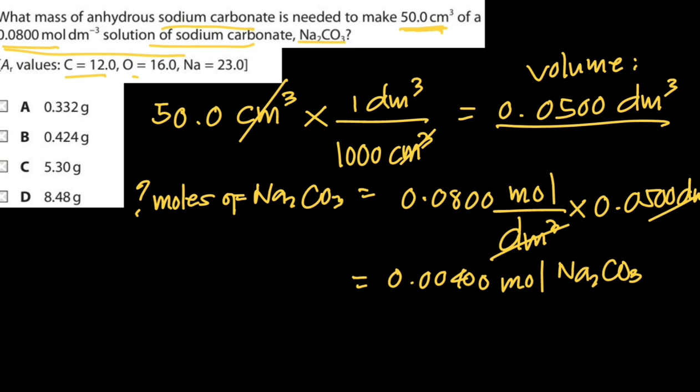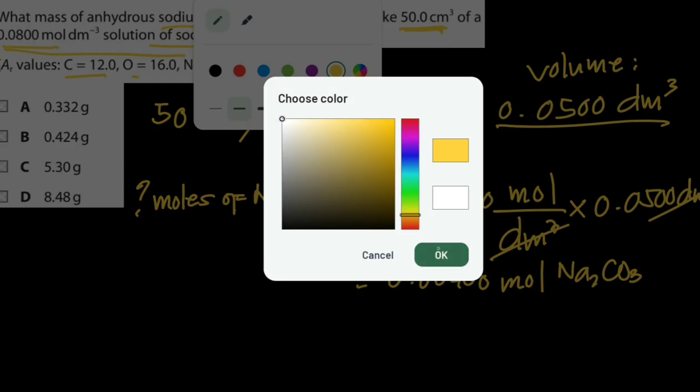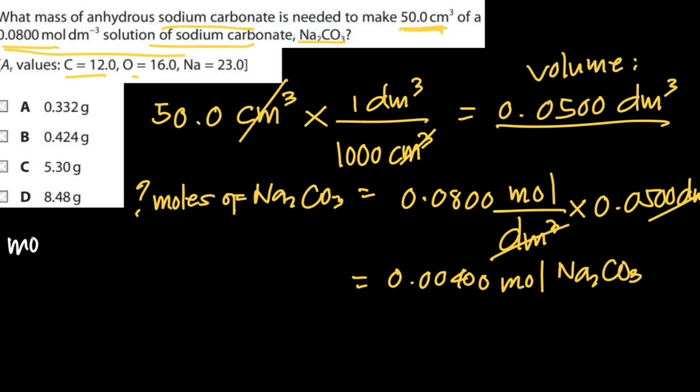the mass of anhydrous sodium carbonate. So we need the molar mass of sodium carbonate first. So molar mass of sodium carbonate. So we have 2 moles of sodium there.